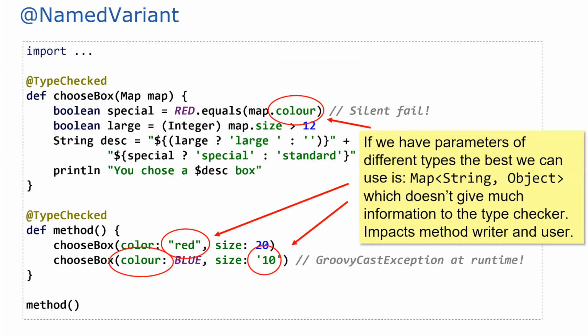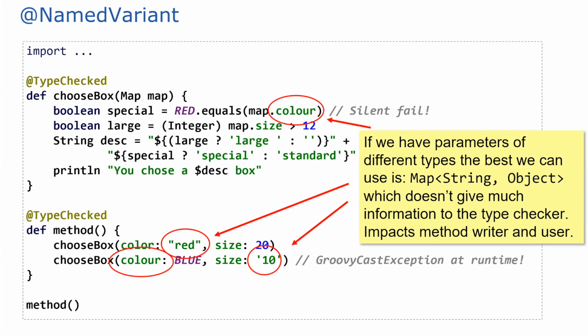The downside is that for both the writer of that chooseBox method, who's using the map, and also the user of the chooseBox method, if they now start wanting to use the static nature of Groovy and turn on all the type checking everywhere, the fact that they're using a map, and the best we can do to cater for arbitrary situations is a map from string to object, means type checking will let slip through quite a few different errors, simply because the typing information is not in the map. So the map doesn't have that information.